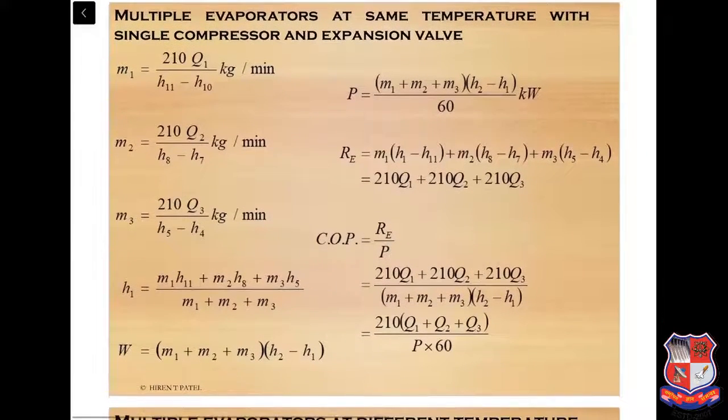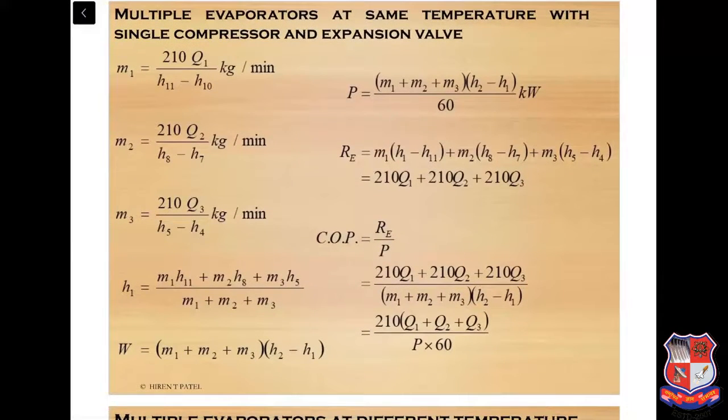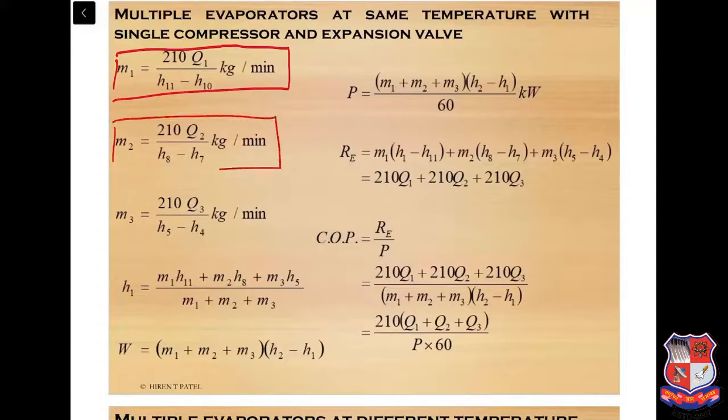So for evaporator 1, M1 is equal to 210Q1 divided by H11 minus H10, M2 is 210Q2 divided by H8 minus H7, and M3 is equal to 210Q3 divided by H5 minus H4.